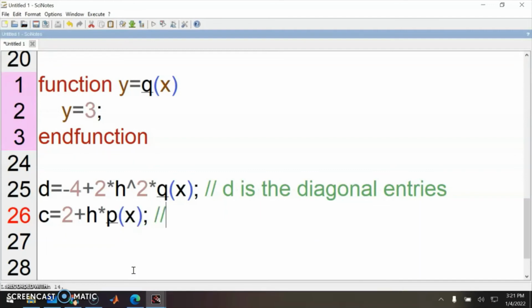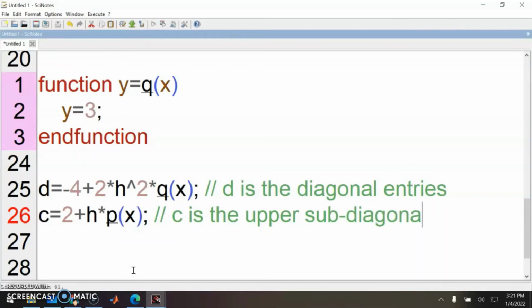C is the upper subdiagonal. Now we have E, which is the lower subdiagonal, 2 minus h times q(x).